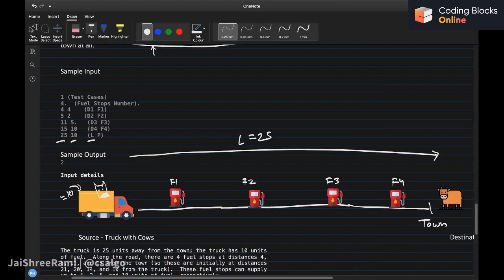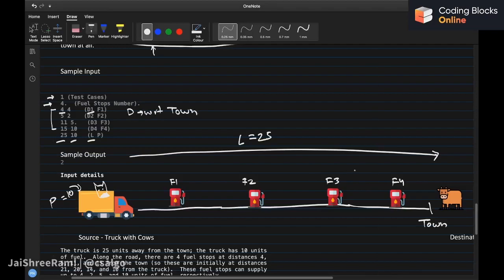So in the sample input we are given one test case. 4 is the number of fuel stops, followed by 4 lines, and each line denotes the distance of the fuel station from the town. It's given there is a fuel stop at a distance 4 from the town. So distance is with respect to the town, that's given in the question.